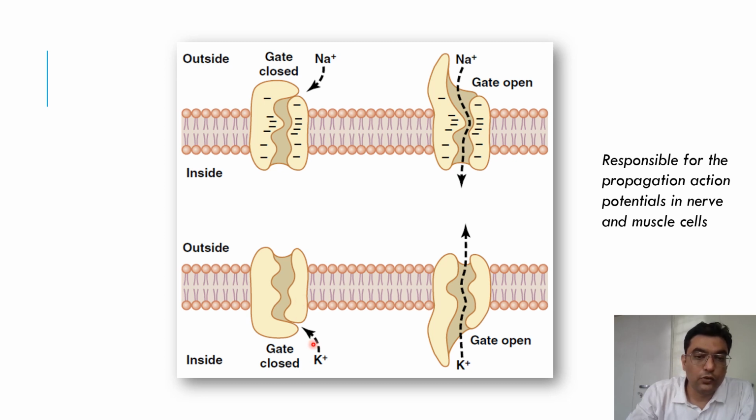These potassium channels also open when there are changes in the electrochemical potential, and when the gate opens, potassium moves outside because its concentration is higher in the intracellular fluid. So the sodium and potassium channels are very important voltage gated ion channels, responsible for the propagation of action potentials in nerve and muscle cells.